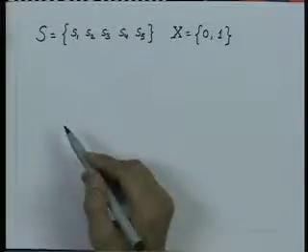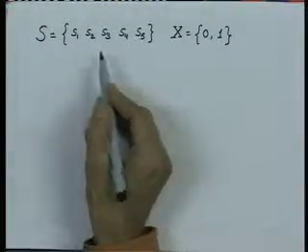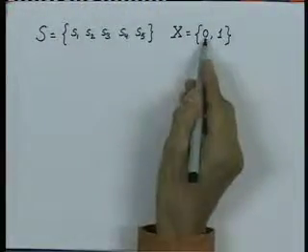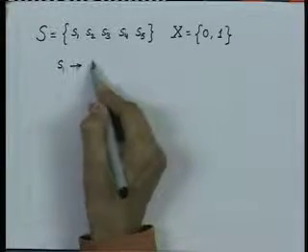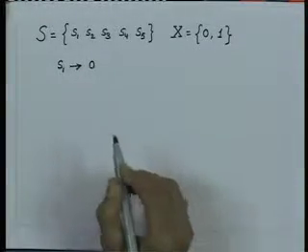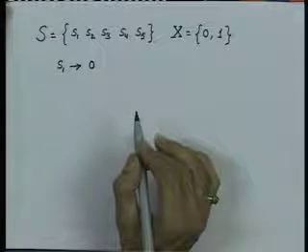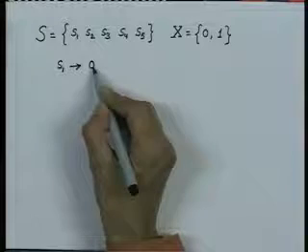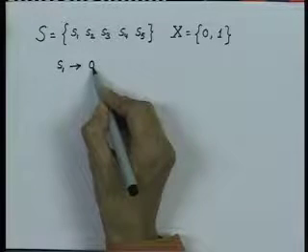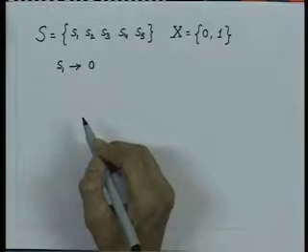One way in which we could start is that I can assign the 0 symbol to the source symbol S1. So, my first code word consists of length 1 and it is the code symbol 0 assigned to S1.